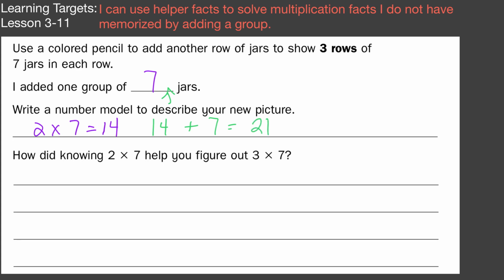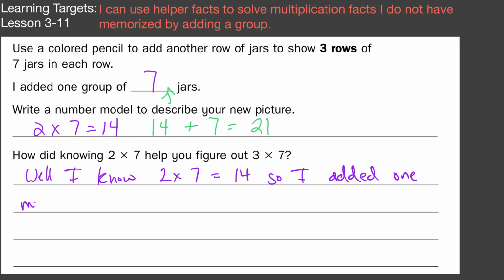And then it gets to our next part of our question. How did knowing 2 times 7 help you figure out 3 times 7? And I could say something like, well, I know 2 times 7 equals 14, so I added 1 more group of 7 onto my answer, 14.